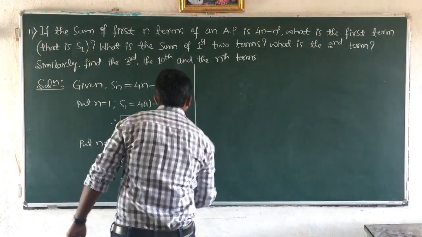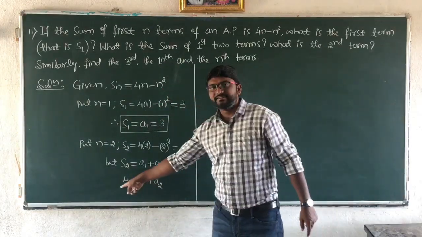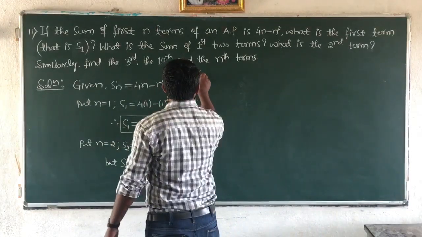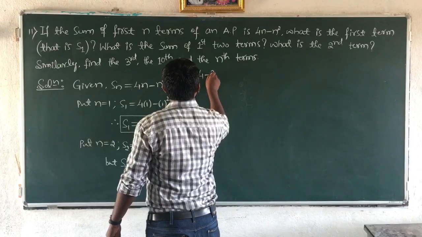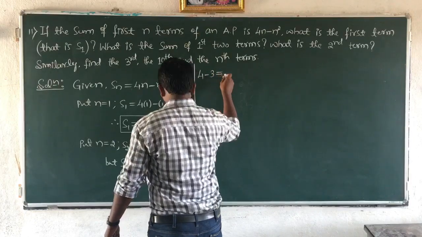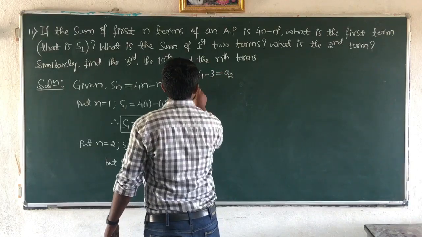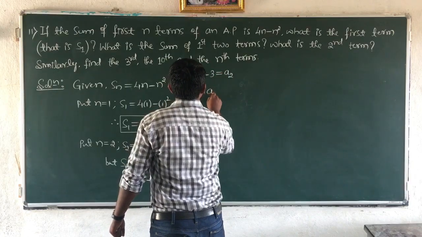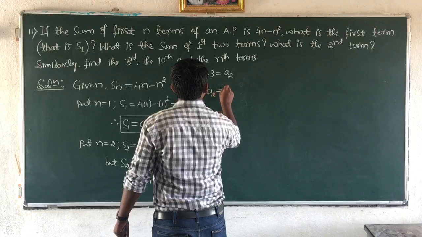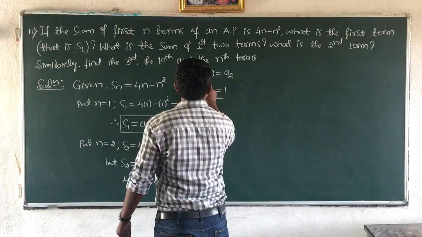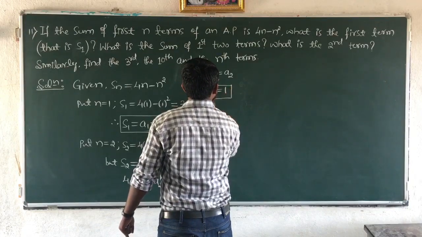Now I take 3 to the LHS, it becomes minus 3. 4 minus 3 is equal to A2. This implies A2 is equal to 1. So we have got the second term.